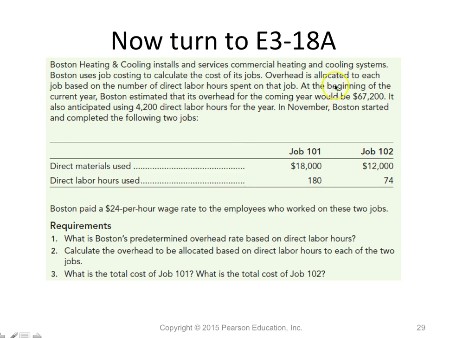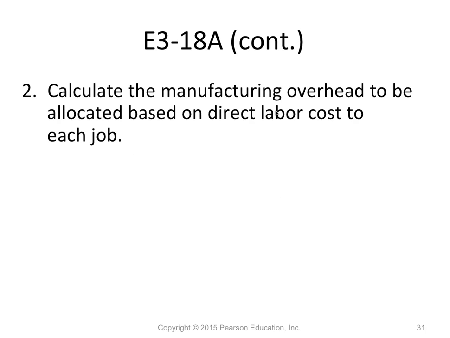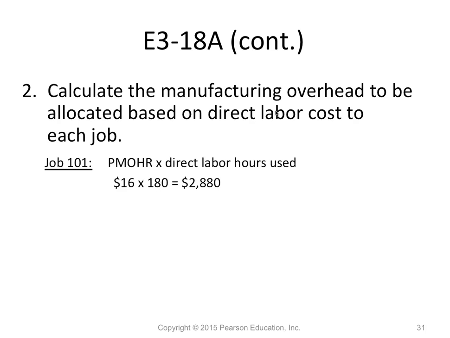It's in here, $67,200, and 4,200 hours, which you'll use to divide to determine this overhead. So we have to go back and forth. It's kind of a little bit messy doing that. So I'd rather have you read the chapter to find out all these numbers to see if you can understand.